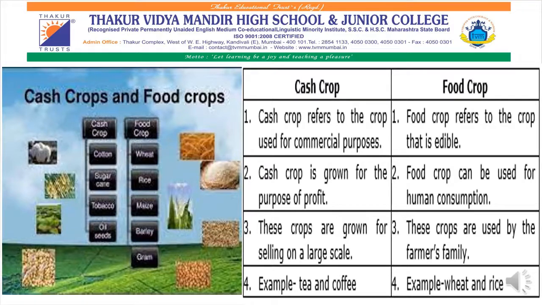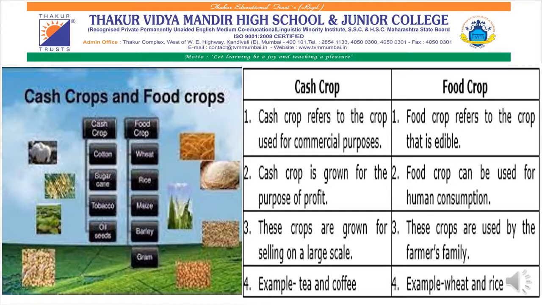Cash crop is crop grown for the purpose of profit, whereas the food crop is referred to the crop that is eatable or can be used for human consumption. If I am growing something, I will use it for myself, my family, right? And the cash crop is for selling purpose or for the purpose of profit.